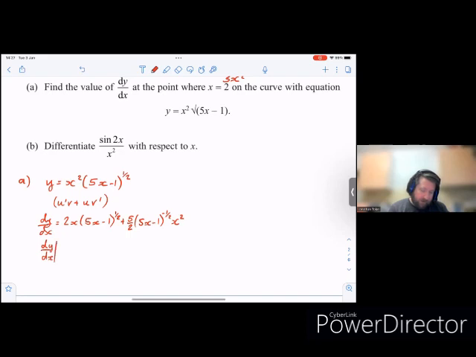So we get dy by dx at x equals 2 is going to be 4 times 5 times 2 minus 1, which is 9 to the half, plus 5 over 2 times 9 to the minus a half, times 2 squared, which is 4. 9 to the half is 3, so this becomes 12, plus 20, so 9 to the minus a half is 1 over 3, so this becomes 20 over 6.